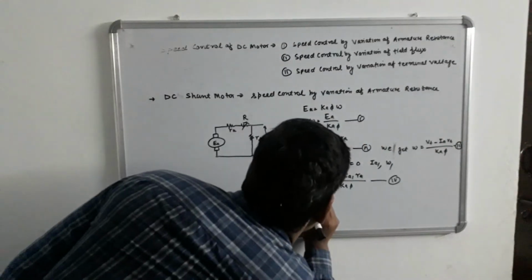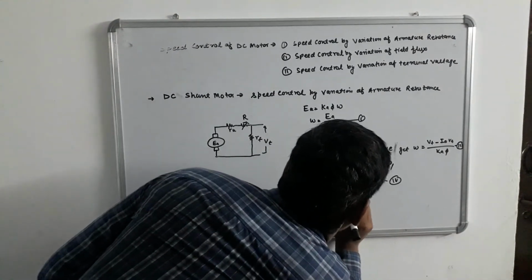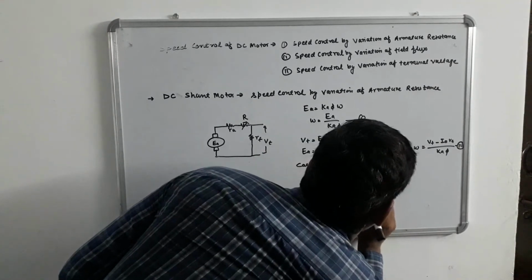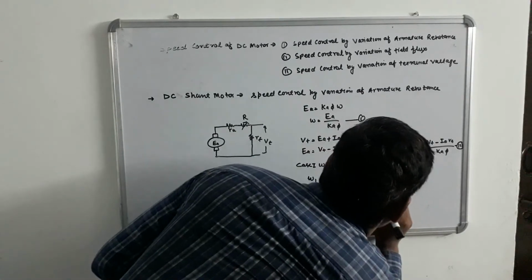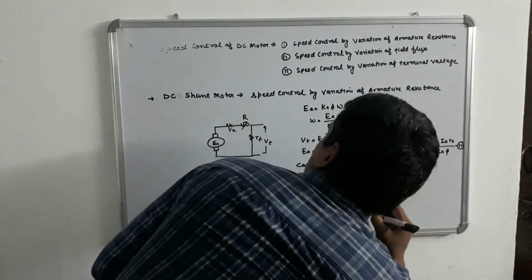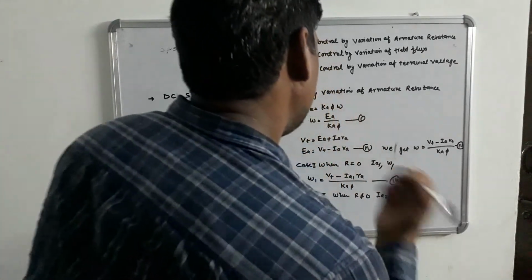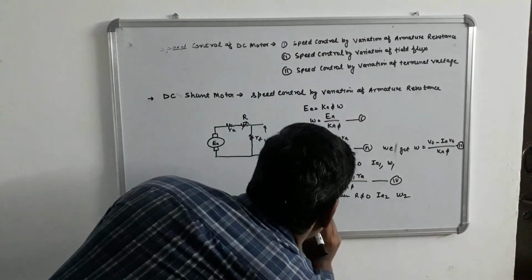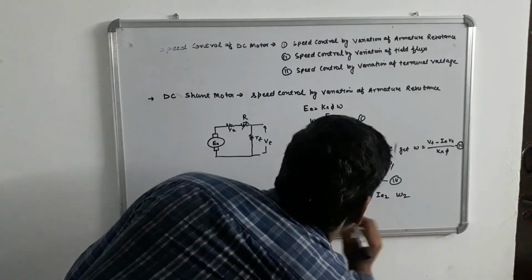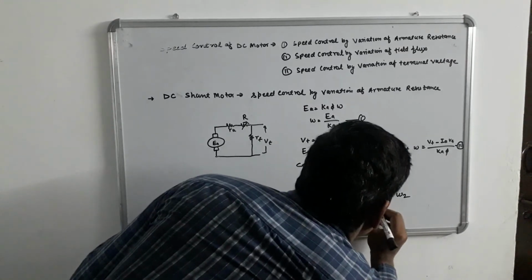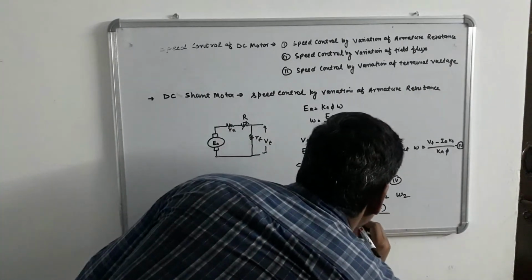Case 2: when R is not equal to 0, the armature current is IA2 and the angular velocity is omega 2. Then omega 2 is equal to VT minus IA2 times RA plus capital R, this is the external resistance, divided by KA phi.